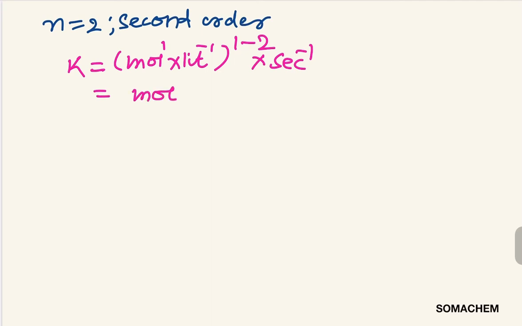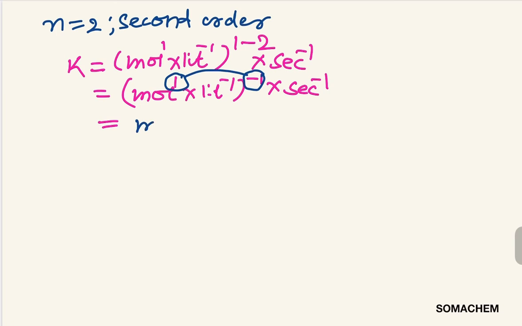So mole to the power 1 liter to the power minus 1 to the power minus 1, second to the power minus 1. So here mole to the power 1 and whole power is minus 1. So 1 into minus 1, it will be minus 1. That is, mole to the power minus 1 liter, here minus 1 into minus 1 plus 1, and second to the power minus 1.